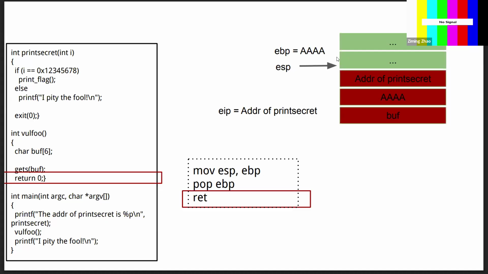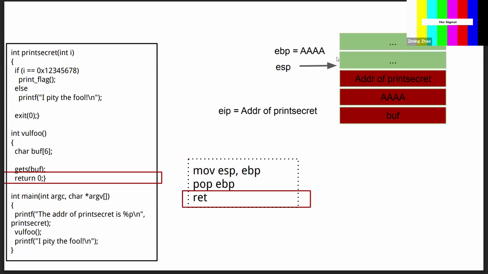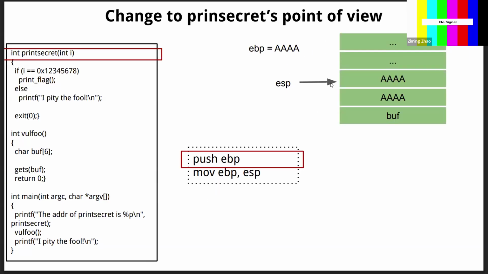Okay. What is the next instruction to be executed now? Which function? Print secret, right? Now we are going to execute print secret, and the very first instruction we will execute is push EBP.